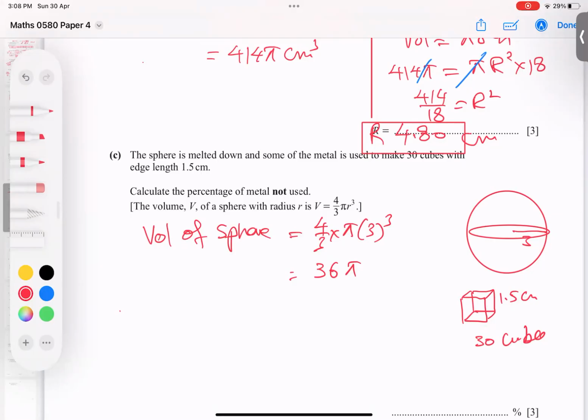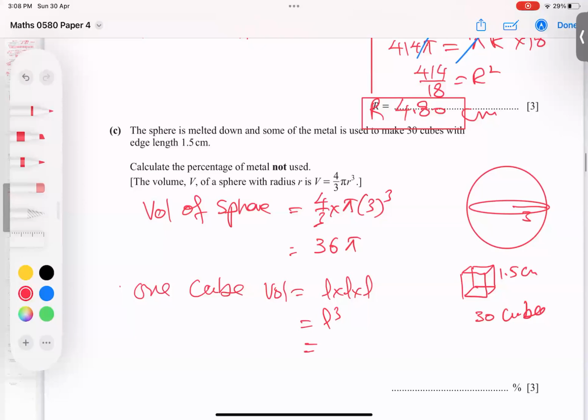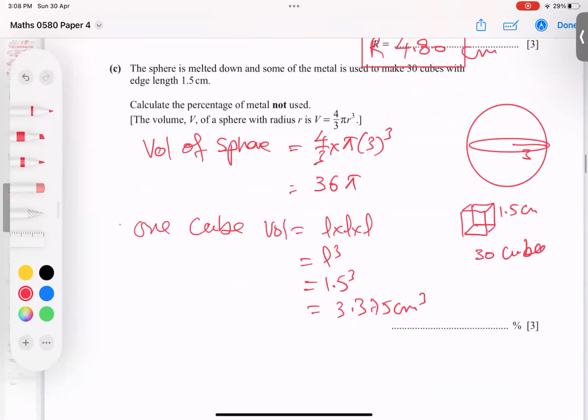I will get it to make 30 cubes. So one cube volume. Length into length, or say length cube. So it means 1.5 to power 3. And if I check it, 1.5 to power 3, students, it is giving us 3.375 centimeter cube, and 30 cubes.